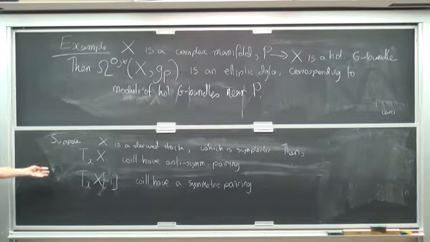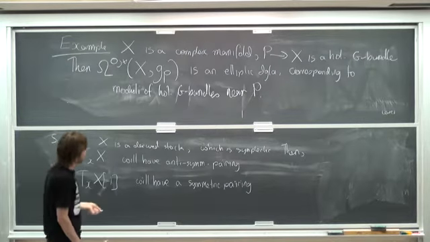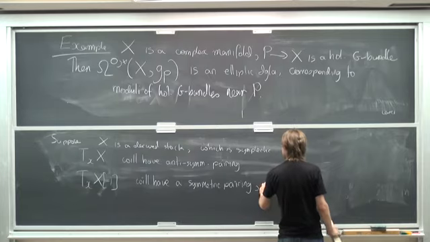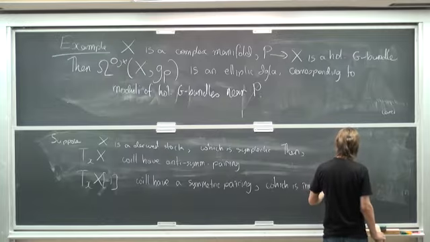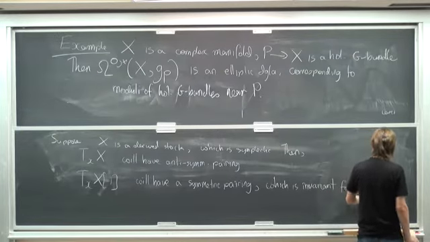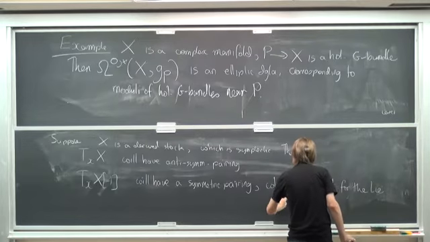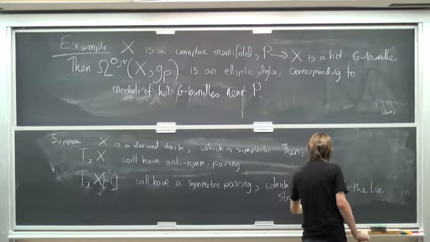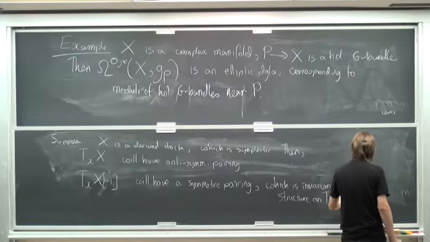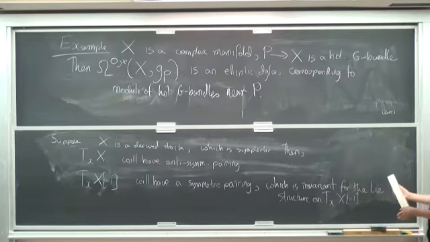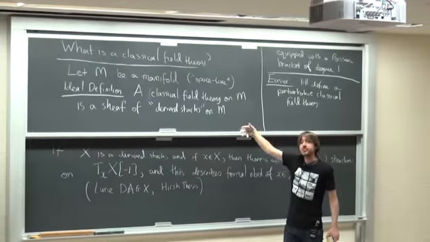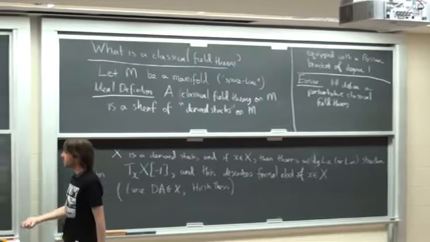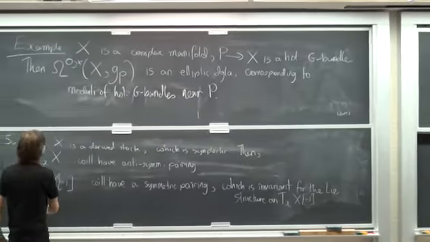Now, it turns out that you can always arrange that this is invariant for the Lie bracket. So we see that when we translate from this derived stack to a sheaf of Lie algebras, the Poisson structure will become some kind of invariant pairing on my Lie algebra.